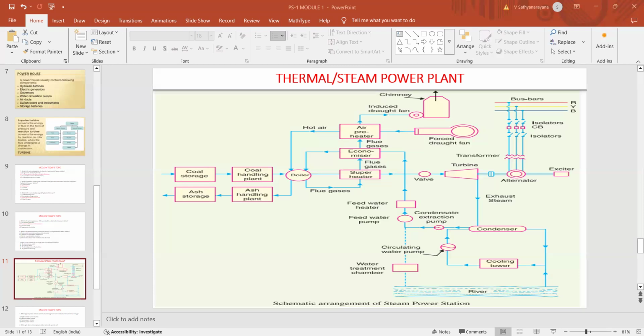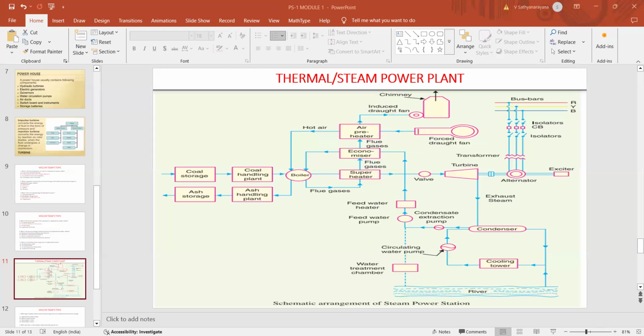Can anyone have an idea about the flue gases? No idea, sir. So these are nothing but byproducts produced during the combustion of the coal at high temperatures. Generally, these gases are released in our regular scenario also. When something is burned, there are gases which can affect even our health if you are near that combustion.